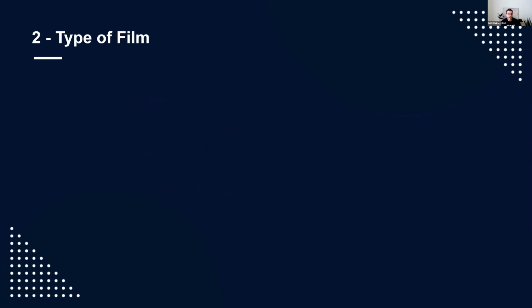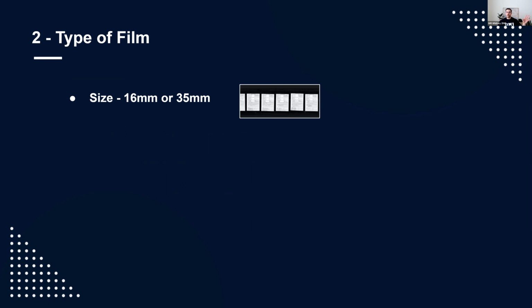Type of film is the next factor that will affect your price. So there are two sizes, 16 and 35 millimeter. And 16 millimeter is actually that picture I showed you before, the microfilm roll. That's a 16 millimeter roll. The width of the actual film is about 3/4 of an inch if you pulled it out and measured it. And you're going to have office style docs on there like permits, HR records, student records.